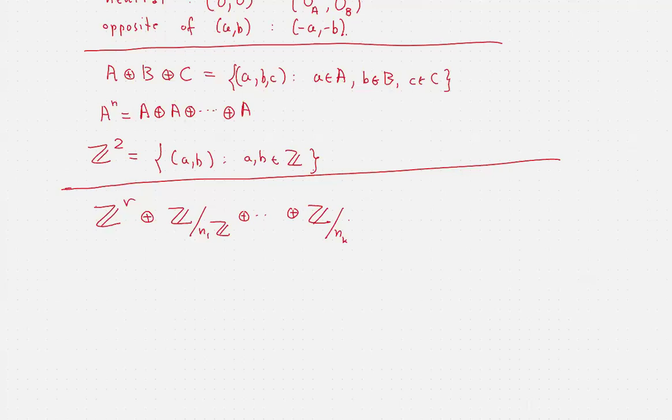So this is the kind of typical group that we're going to encounter because, for example, it can be proven that the group of rational points of an elliptic curve defined over the set of rational numbers has this form. And when we say it has this form, this is again something that we should try to elucidate, and we will do that in a subsequent video.